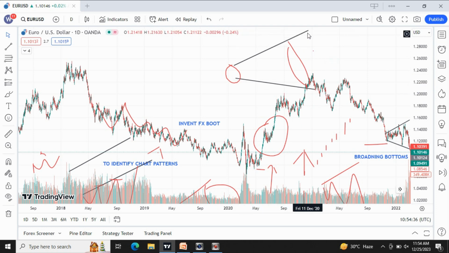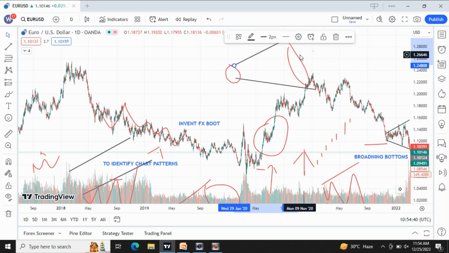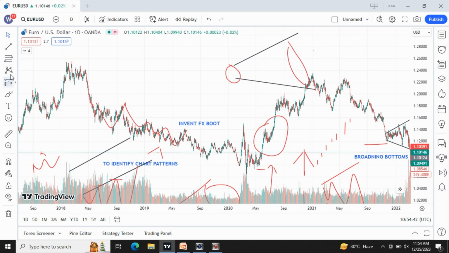I hope you get it very well. So it is important that each trend line has a slope that is opposite the other. I want you to pay more attention to my explanation.